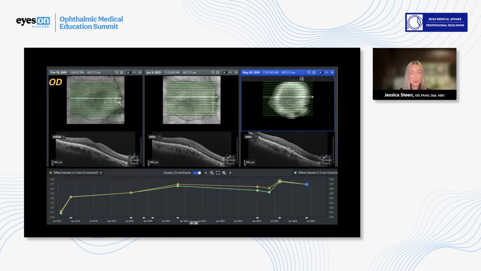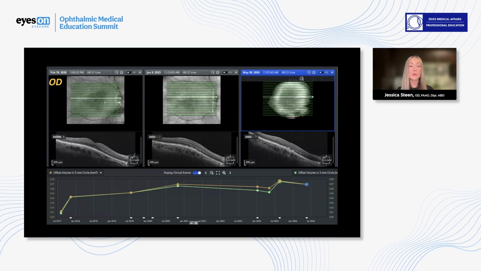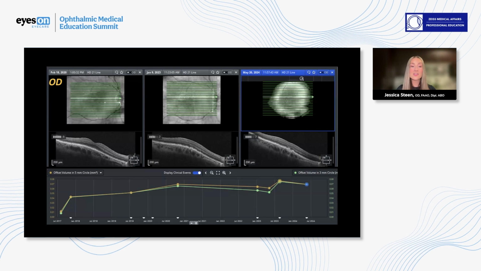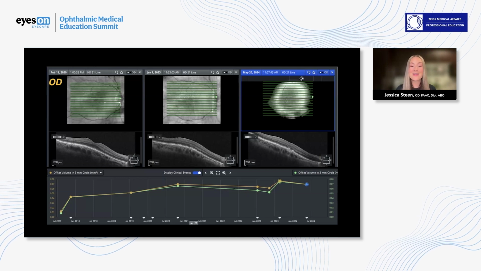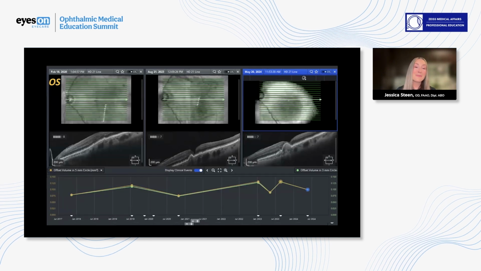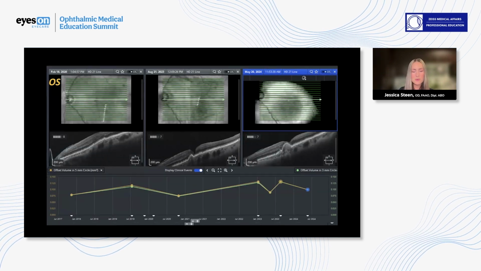Is that volume truly starting to stabilize or reduce, impacting our evaluation of atrophy over time?